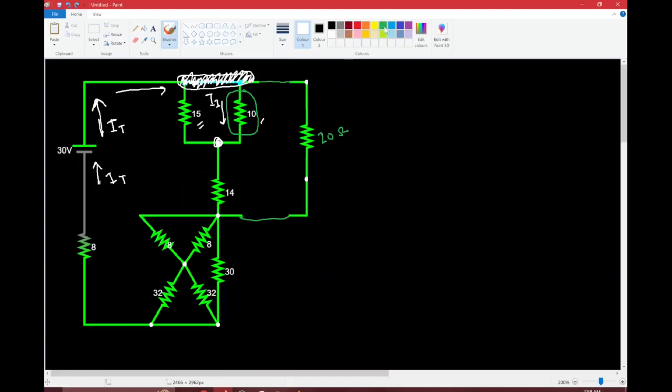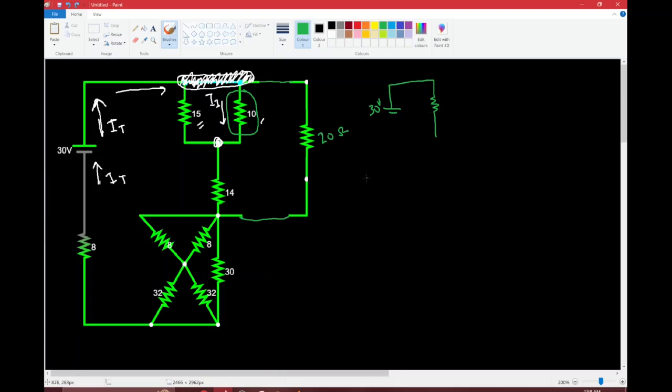So I'm going to redraw the diagram a little bit. We've got this 30 volt source, and it's going to go like this, and I'm going to put these two resistors together. They're parallel resistors because they start off at the same node, which is this big white node up here, and they end off at this node over here.